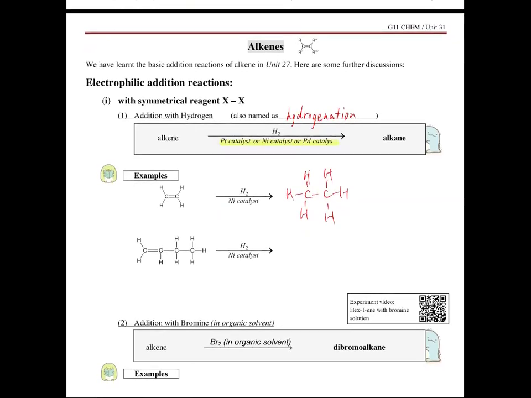And here, our alkene reacts with a symmetrical reagent. Hydrogen is H to H, so it's symmetrical. It has only one bond.